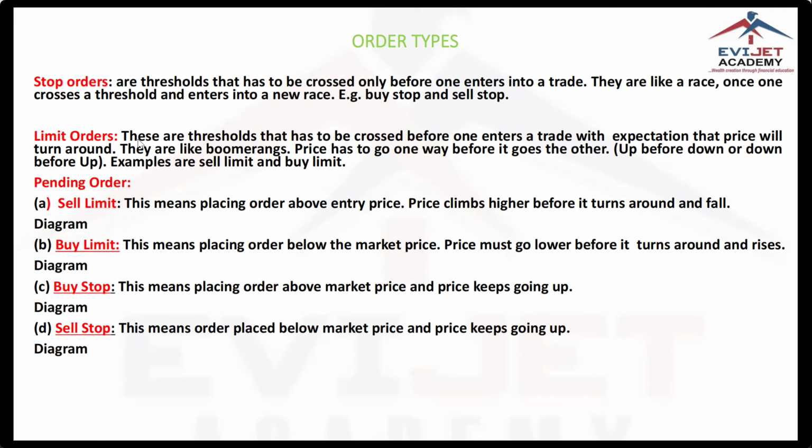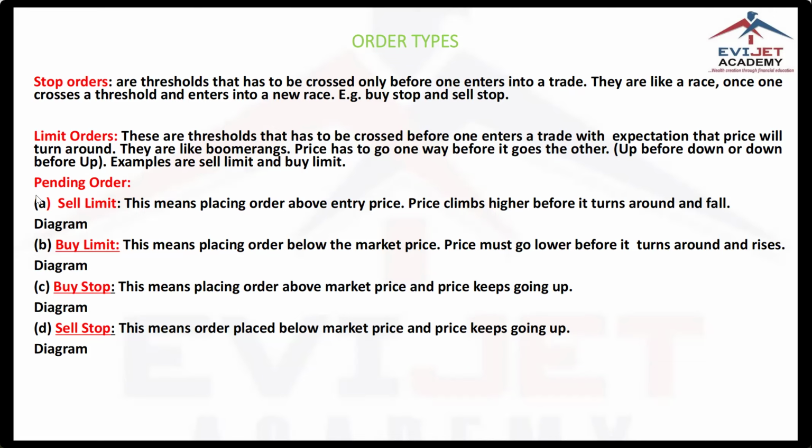Then limit orders. These are thresholds that have to be crossed before one enters a trade with the expectation that price will turn around. They are like a boomerang. Price has to go one way before it goes the other, up before down or down before up. Examples are sell limit and buy limit.